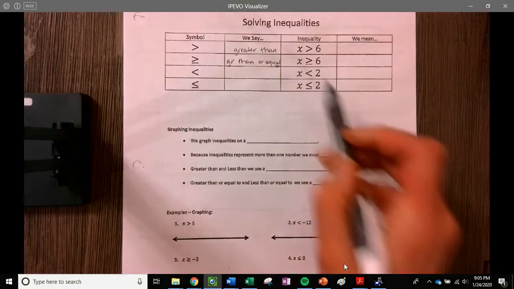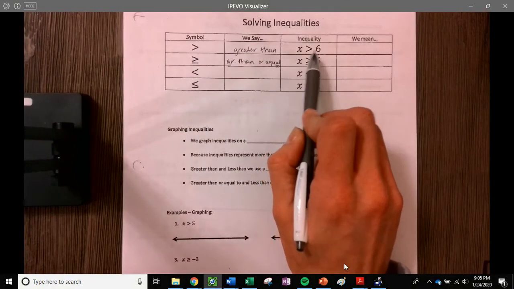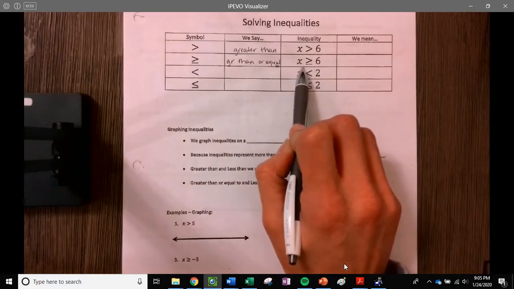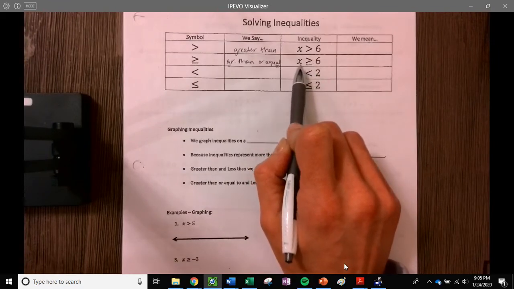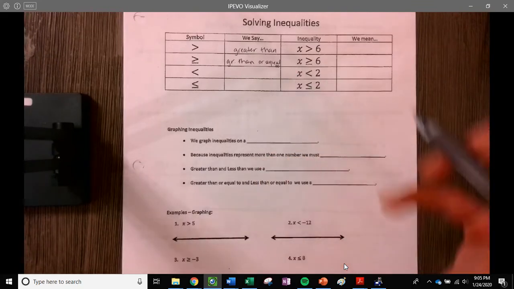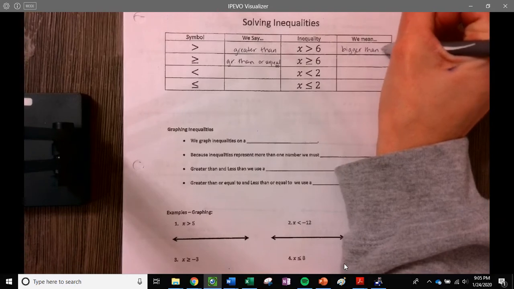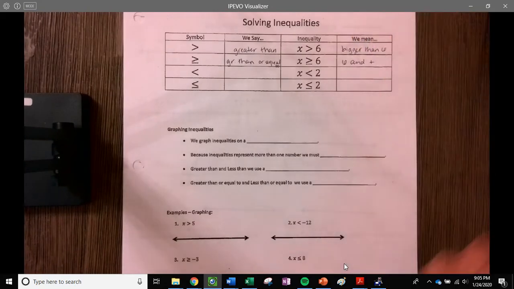So for this inequality, I'm looking for any value that's going to be greater than 6, anything that's going to be bigger than 6. If I see this, I'm looking for any value that's going to be greater than 6, but could also be equal to 6. So 6 and up, basically. So we mean bigger than 6. This one means 6 and up. Okay, 6 or more.